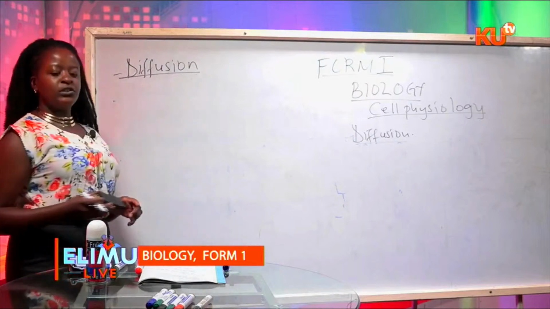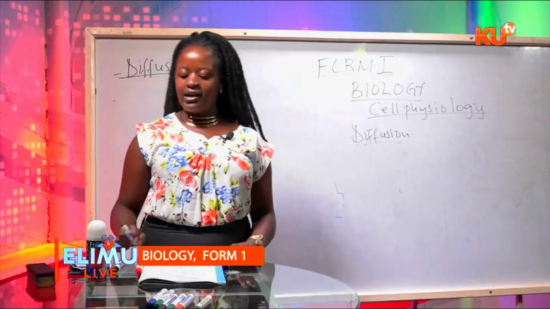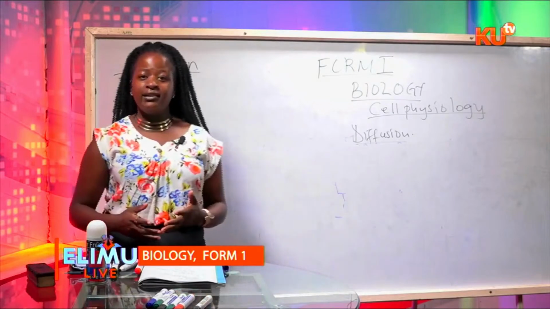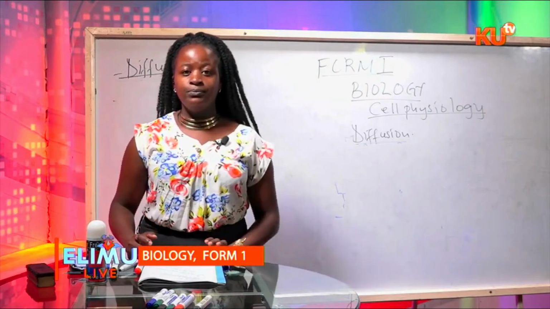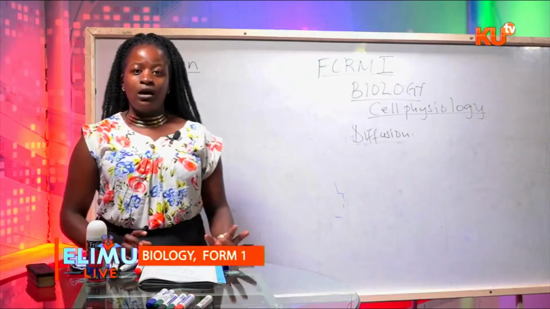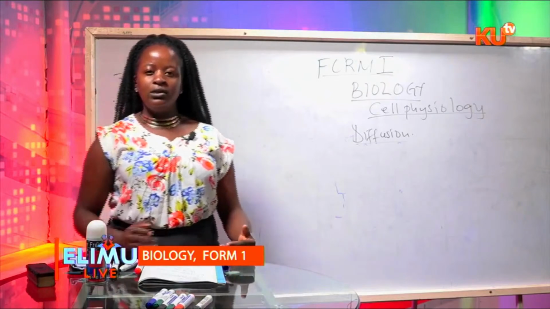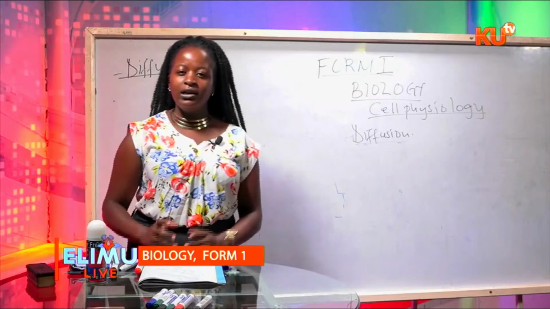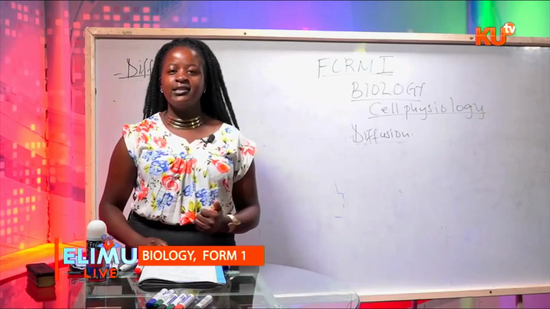And in diffusion, these are the key areas we are going to look at. Number one, we are going to define the term diffusion. What does it mean? We are also going to define other terms related to diffusion, for example, the term diffusion gradient.